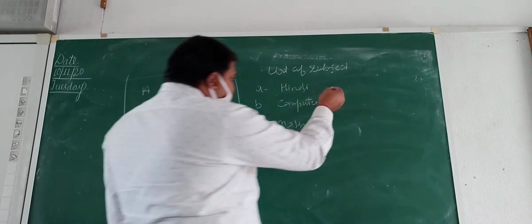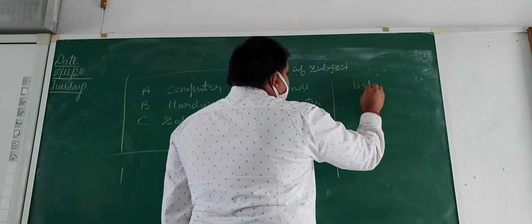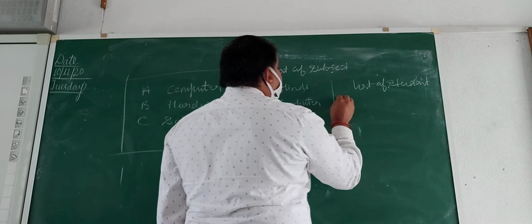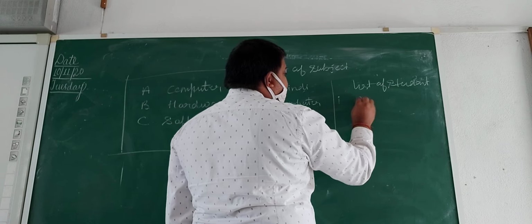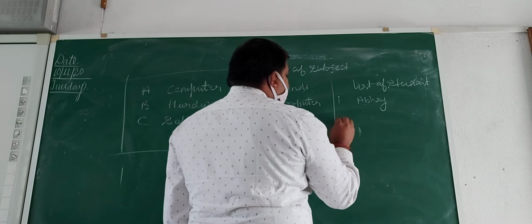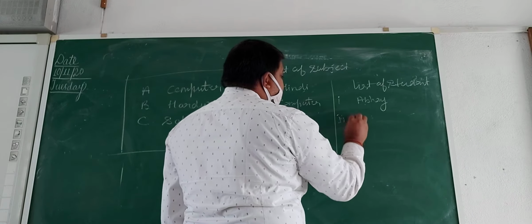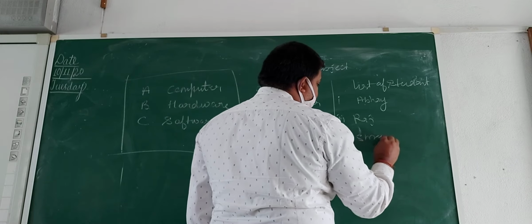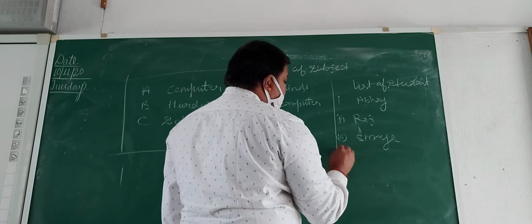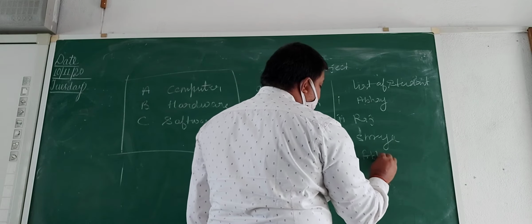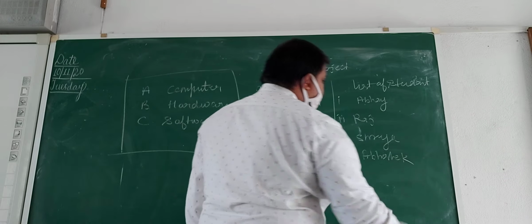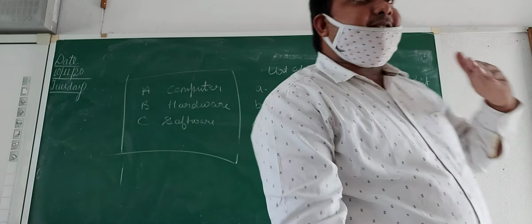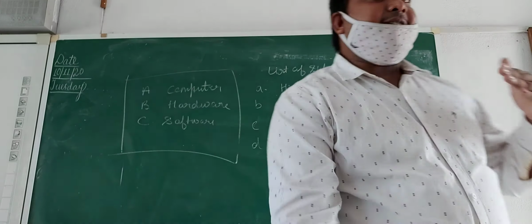Suppose it is also given like this, a list of students in this format, in the form of small Roman numbers: i Abhay, ii Raj, iii Shreya, iv Abhishek. Clear? So if they are giving these different types of lists, all these lists are called which type of list? Ordered list.